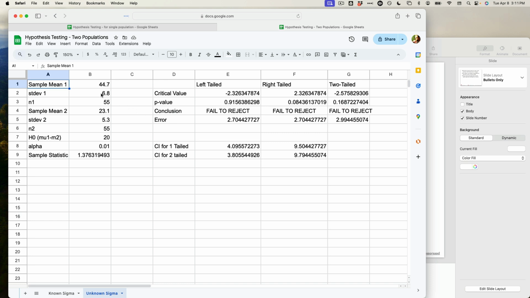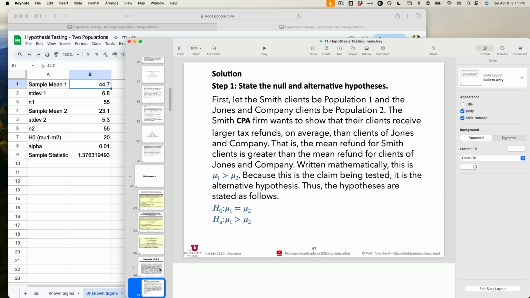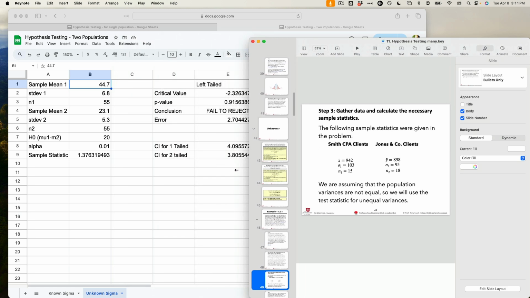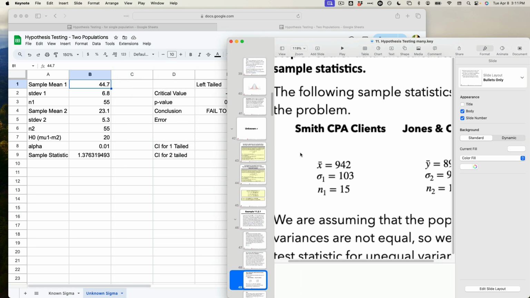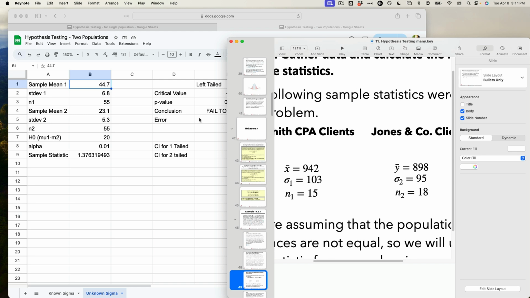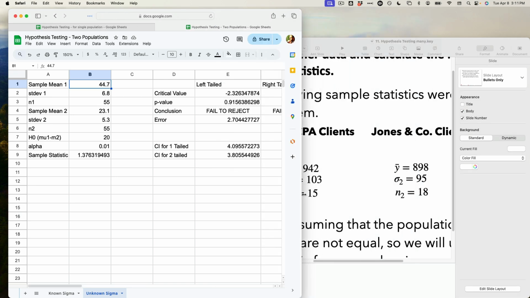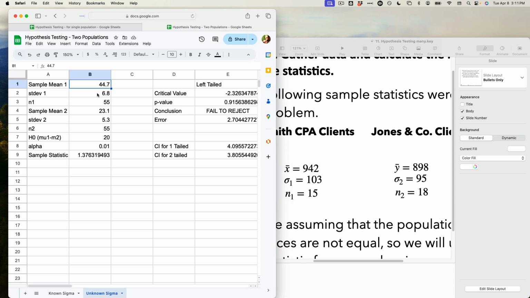So I'll keep the sample mean 1 as the same. So let's punch in the numbers since we're at it. Here are the numbers. Okay. So population 1 is going to be 942. Let's shrink this. Population 1 is $942.